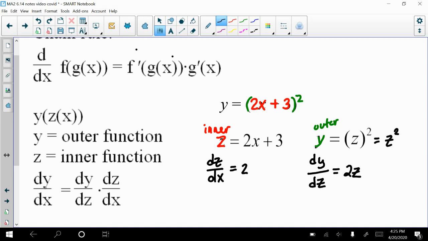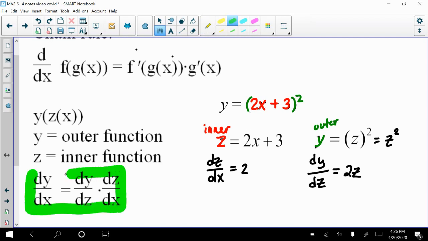Using this notation, the derivative of the whole thing, that's what we wanted to find, the derivative of y with respect to x, would be take the derivative of your outside function, dy dz, and multiply it by the derivative of your inside function, dz dx.